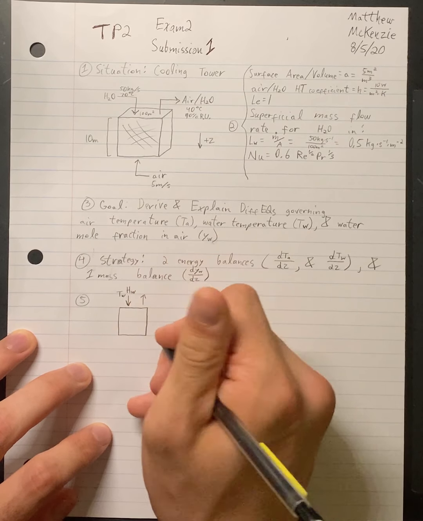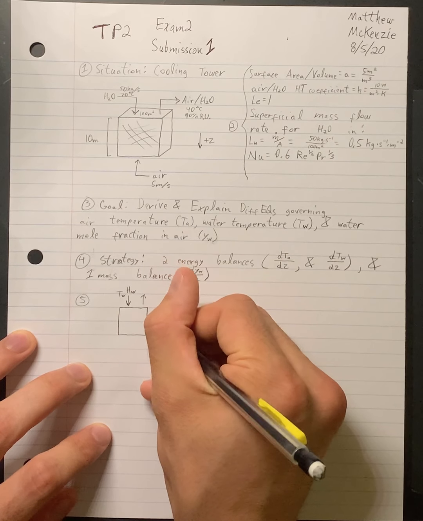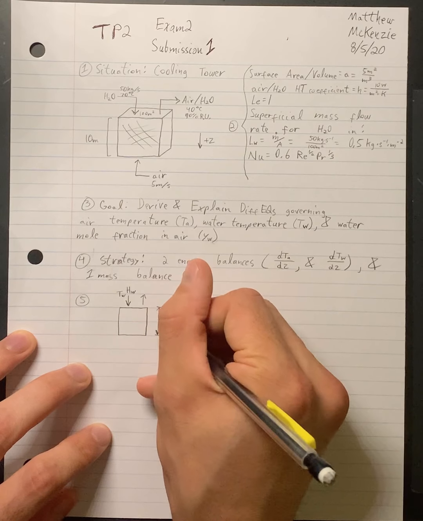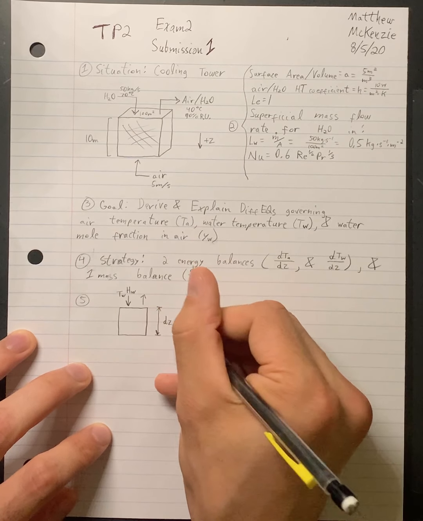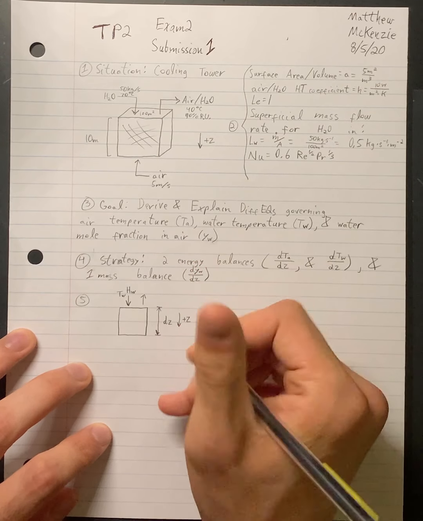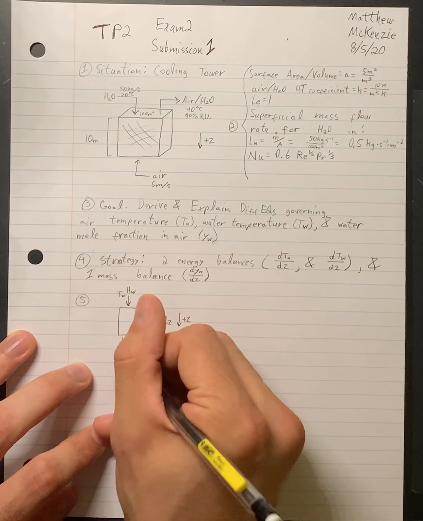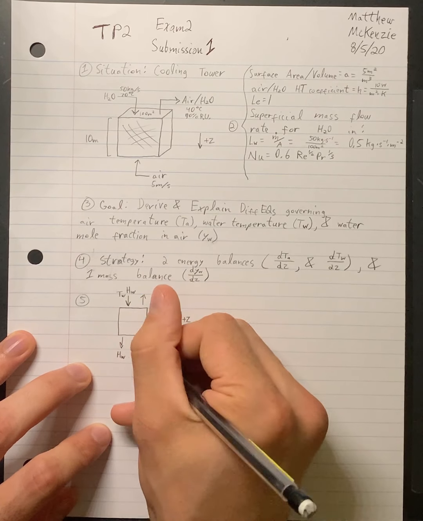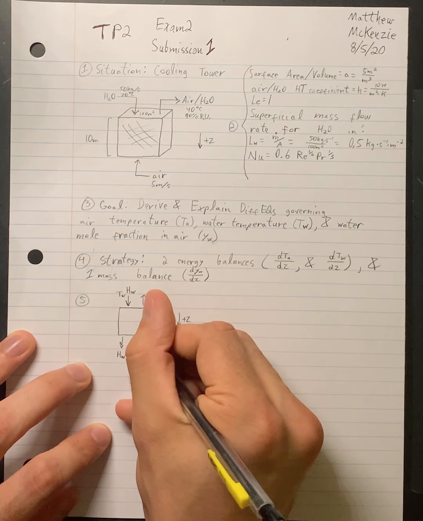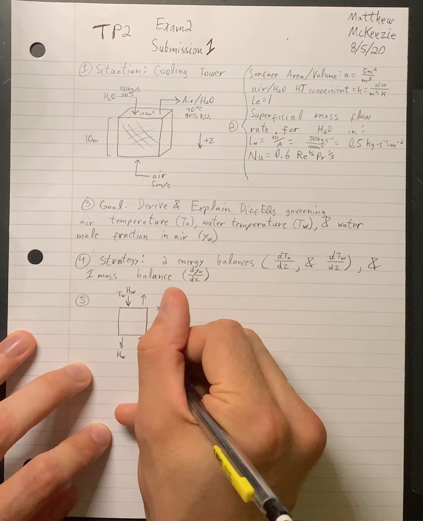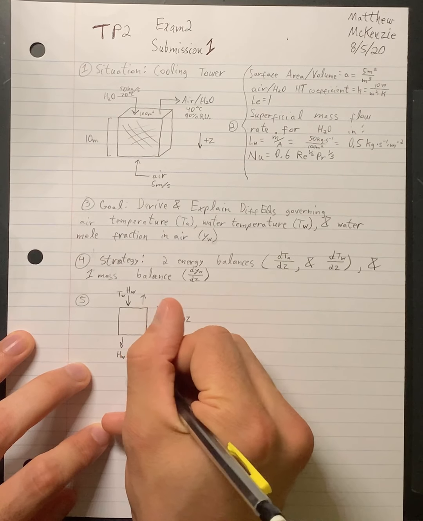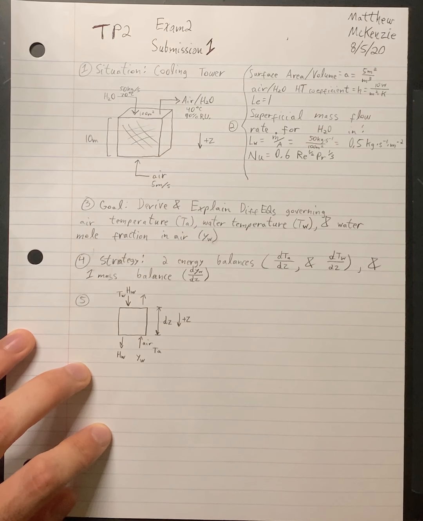Exiting, we have some air. We're going to call the length of this differential baby control volume dz, and our positive z is downward. That's very important. We've got water exiting, we've got air entering at some temperature, as well as having some mole fraction of water.